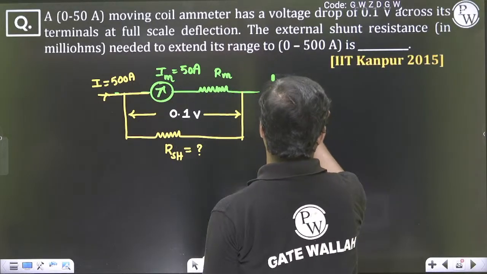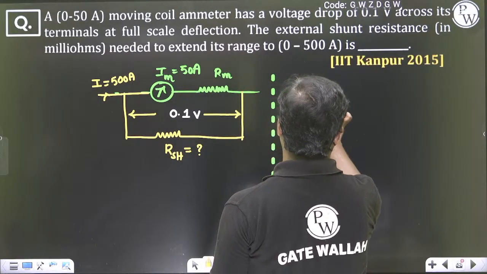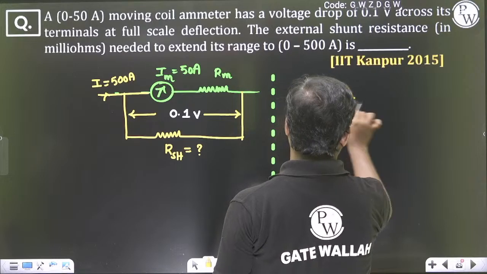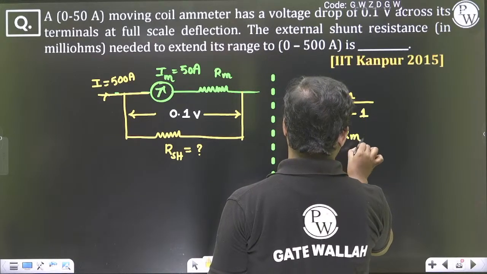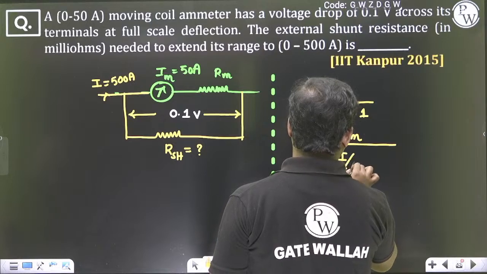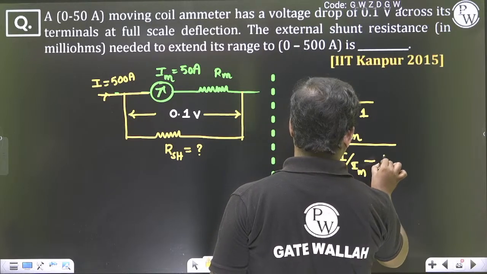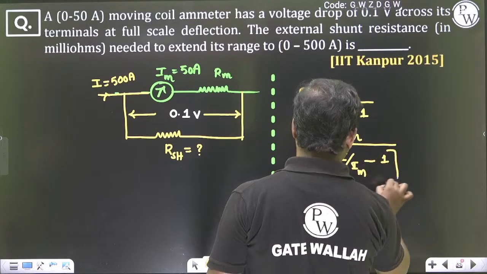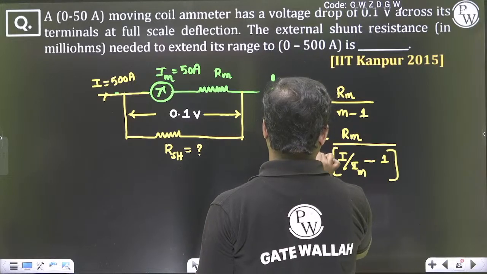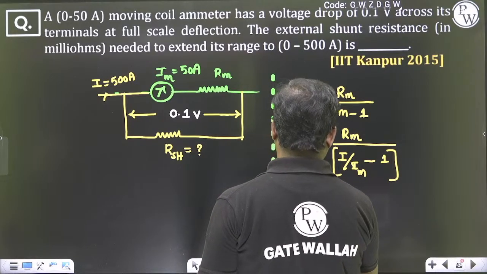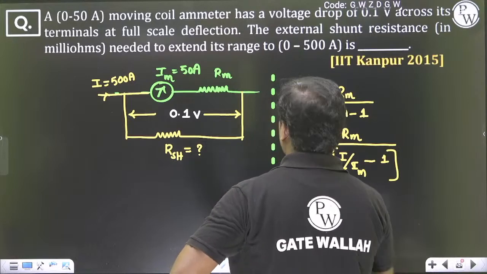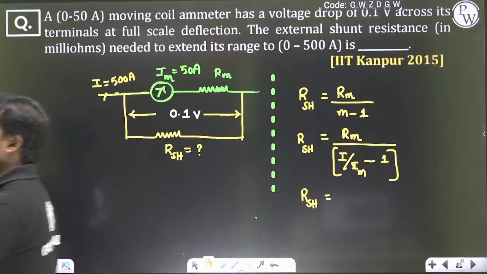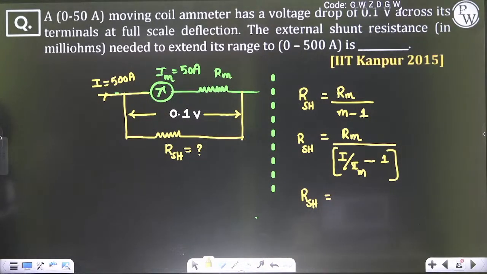RSH is equal to Rm by m minus 1, which is Rm by I divided by Im minus 1. What is the meter resistance? We don't know, so first we can find out the meter resistance.